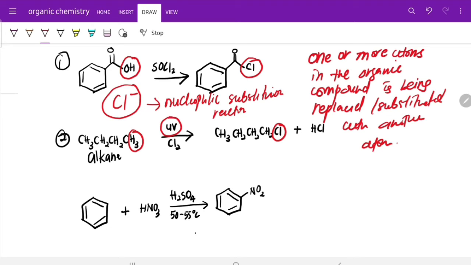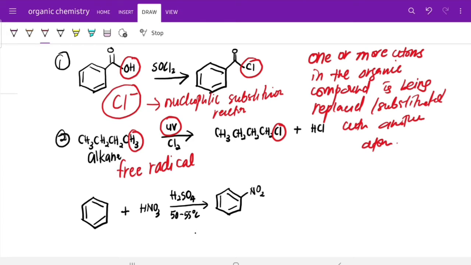The presence of UV means it involves free radicals, because alkane is inert, or chemically unreactive, so it's impossible to have nucleophilic or electrophilic substitution.